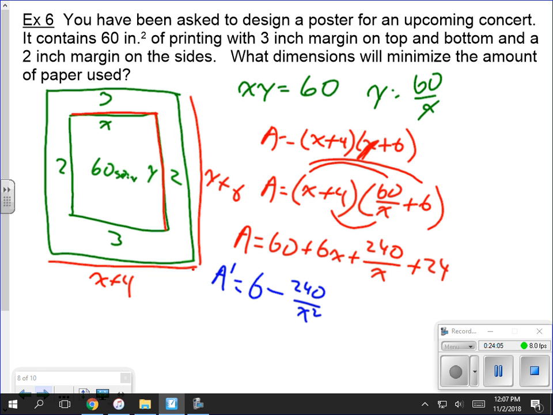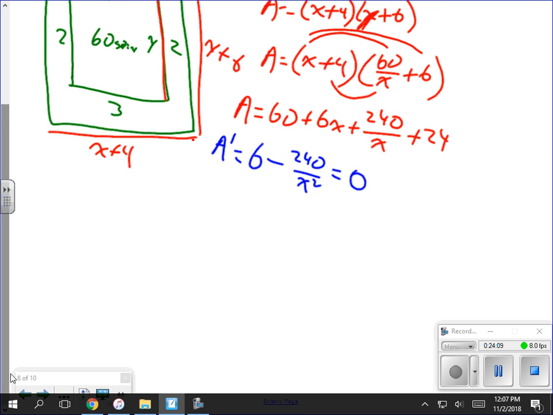And what do I want to do here? Set that equal to 0. So that means 6 equals 240 over x squared. Cross multiply. See, here's a nice thing. Okay, 6 is 6 over 1, right?